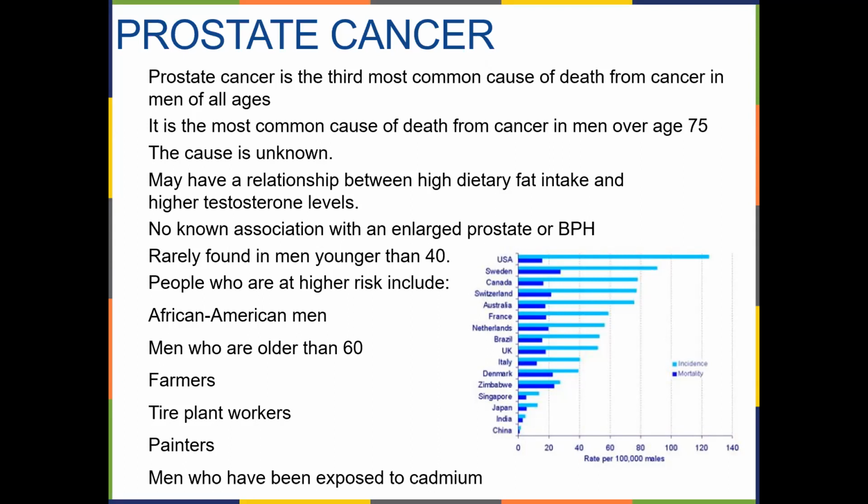It is, as we say here, the most common cause of death from cancer in men over the age of 75. So it's significant. Now you'll notice in the mortality rates and the incidence rates, the US is very high in incidence, but we have a very low mortality rate, usually survival rates well over 90%.